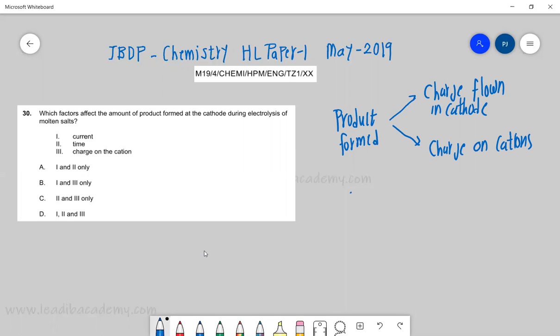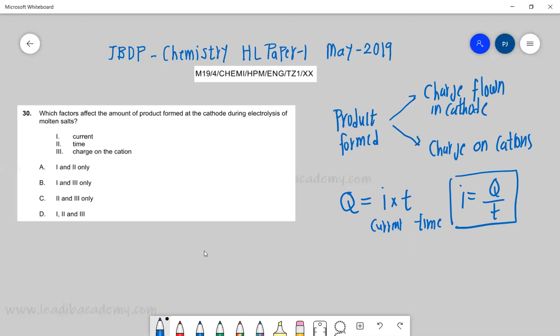It can be shown as capital Q, and charge by definition is I multiplied by T, that is current multiplied by time. Because by definition I is equal to charge upon time, the rate of flow of charge, as you are aware. So definitely current and time, these two factors.